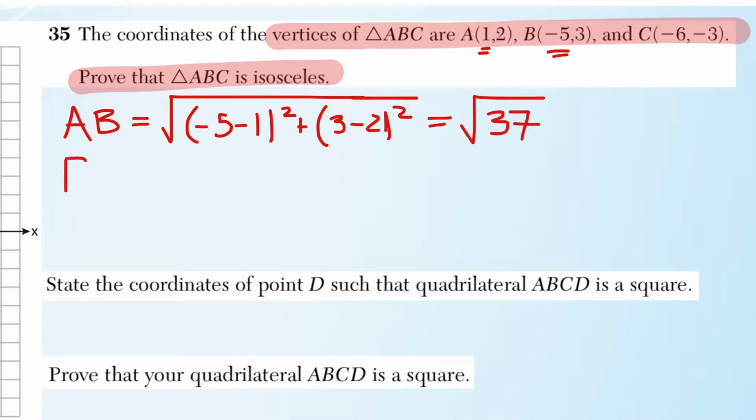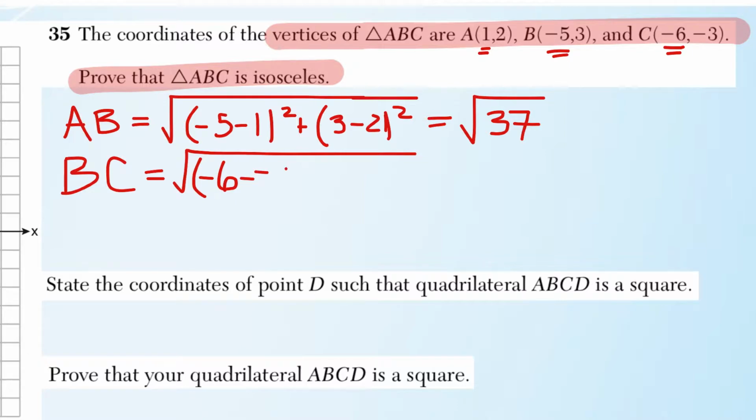Next, we'll do the length of BC. So that's going to be the square root. And then now we're going to do x2 minus x1, where x2 is the x value of our C point, so it'd be -6, minus the x value of B, which is -5, squared.